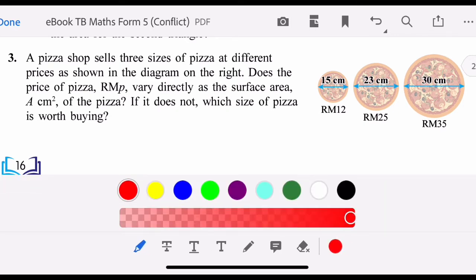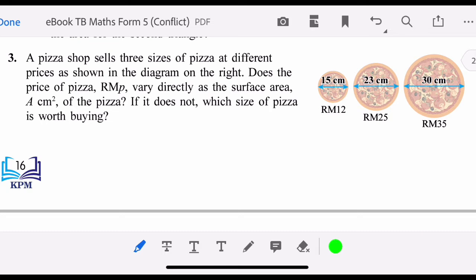Alright, so the pizza shop sells 3 sizes of different prices of the pizza on the right. The price of the pizza varies directly as the surface area, in centimeters square, of the pizza.